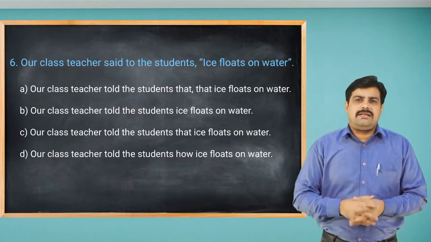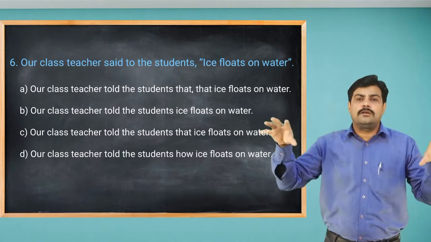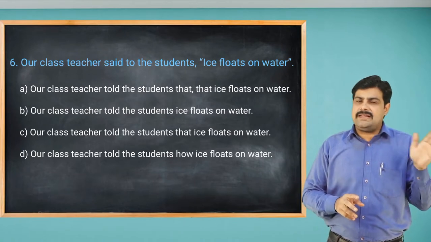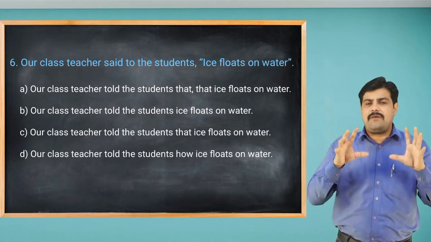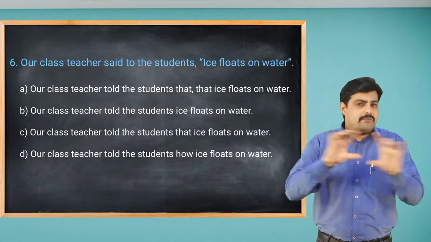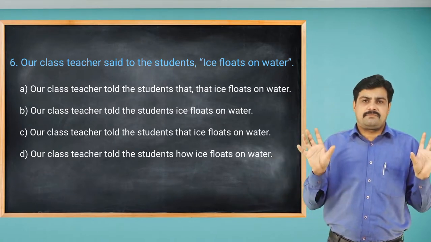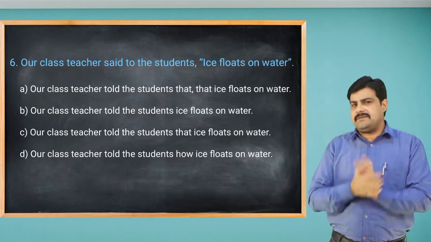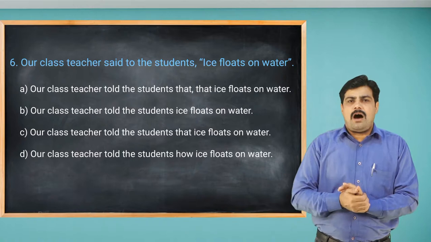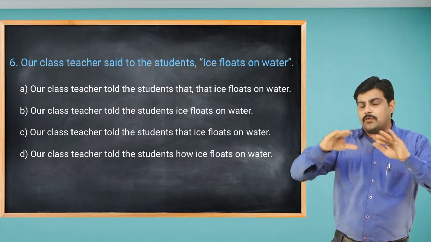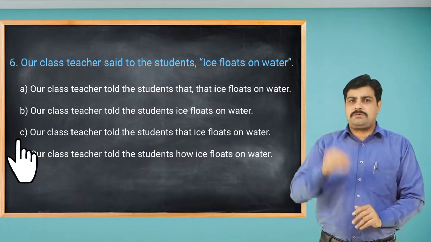It is a fact that ice floats on water. So tense will not change in that case where we have a universal truth or any fact or any statement. We never change the tense. Now the right option would be option C, which is our class teacher told the students that ice floats on water. So option C is right here.